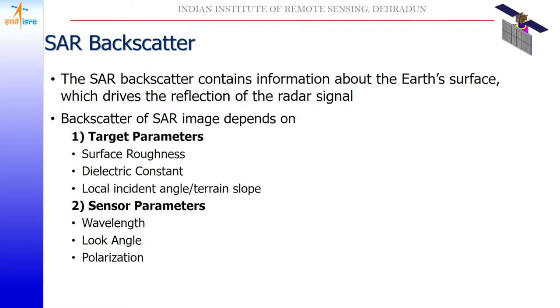So the backscatter of the SAR depends on two parameters, target and sensor. The target parameters are surface roughness, dielectric constant and local incident angle, and the SAR parameters are wavelength, look angle and polarization. We can design the electromagnetic radiation so that we transmit the pulse or chirp in a particular polarization, like horizontal or vertical polarization. So at which polarization are we sending the SAR signal.